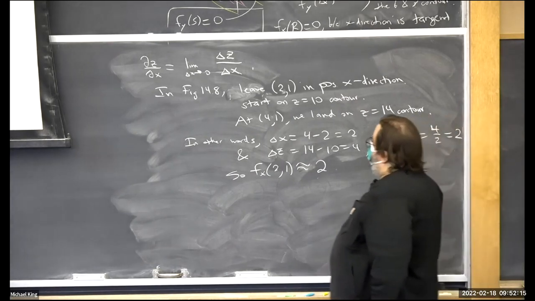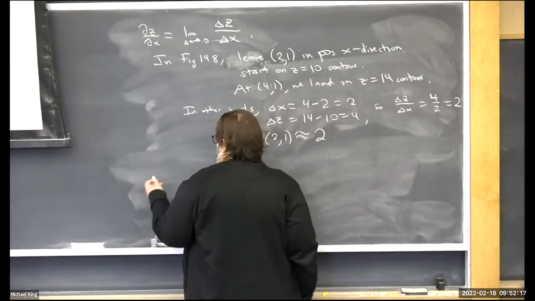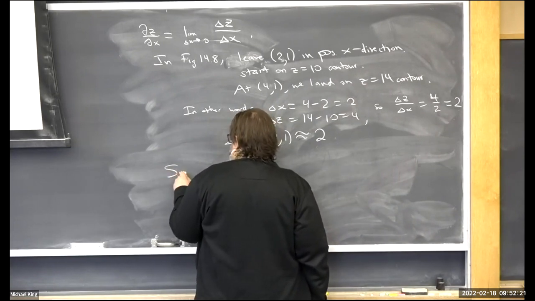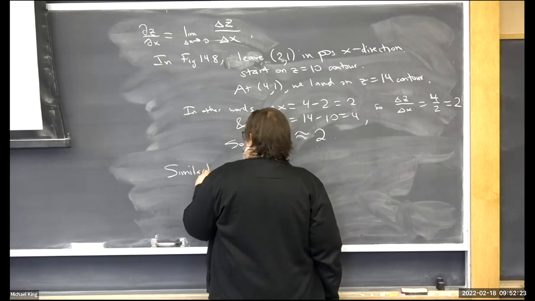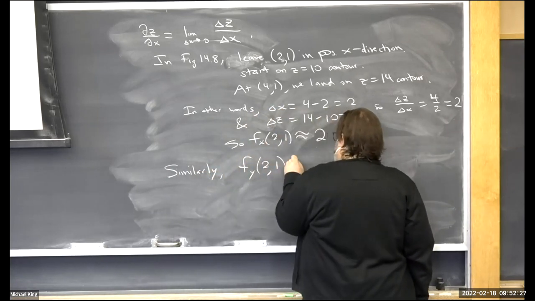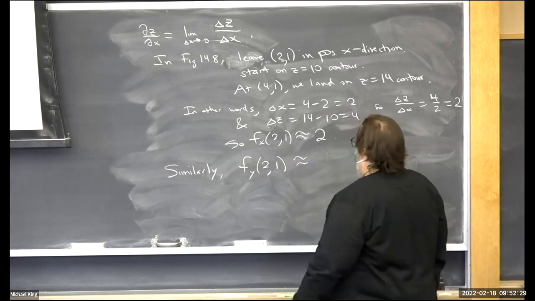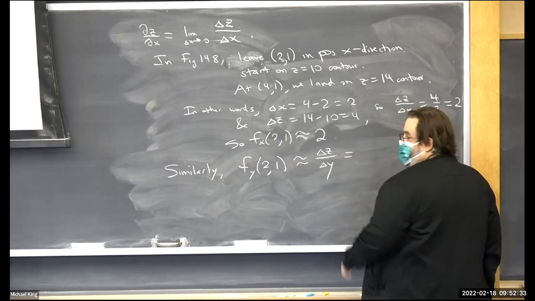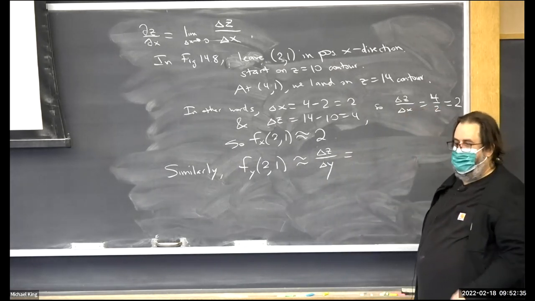So now do the partial y. What's the partial y here? What do you get if you do delta z over delta y now?